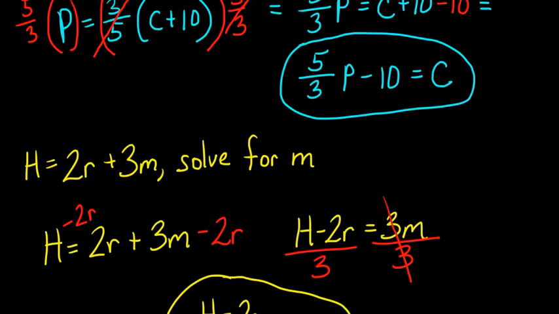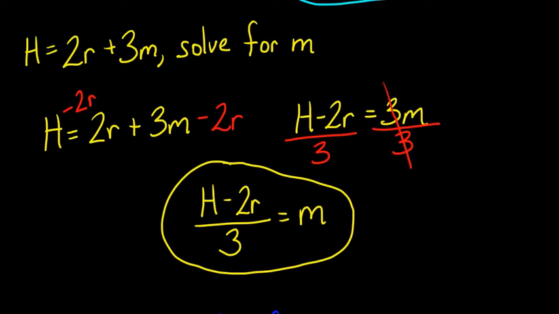And all we're doing right now is just practicing these because you're going to practice them in class. And I'm showing you how to work some of them out. All right, let's see. We've got h equals 2r plus 3m, and you're asked to solve for m. First thing I notice is the 2r is over here with it, so I want to get rid of it.